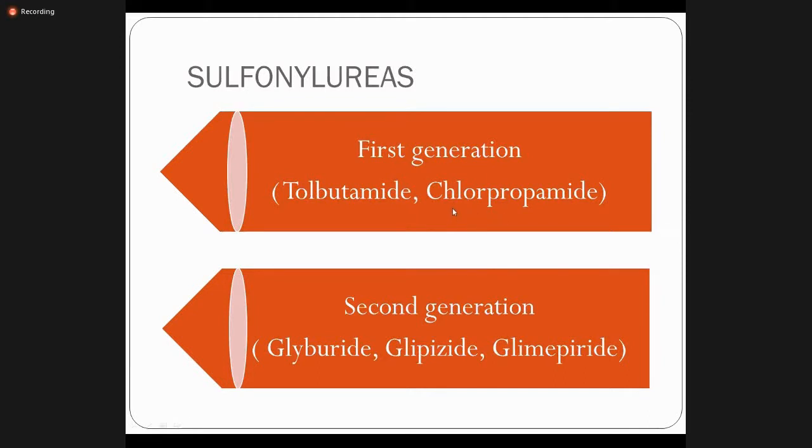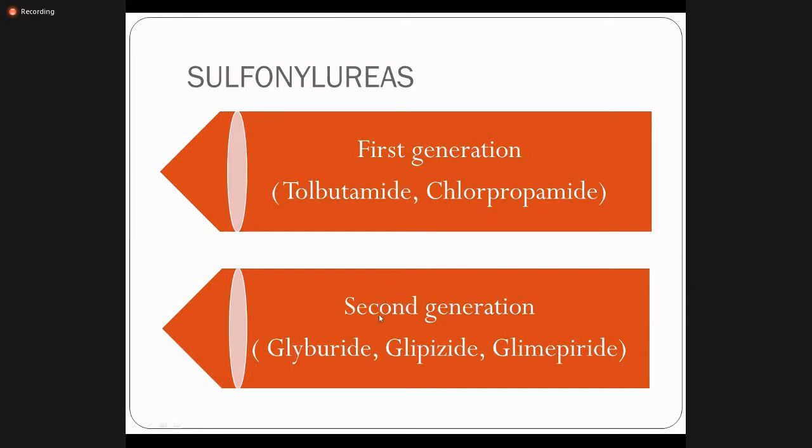But nowadays we are not using them, the use of first generation sulfonylureas is almost obsolete. The reason is the adverse drug profile and increased chances of drug reaction, right? Increased chances of drug-drug interaction. So that is why we are not using first generation sulfonylureas in controlling the blood sugar level.